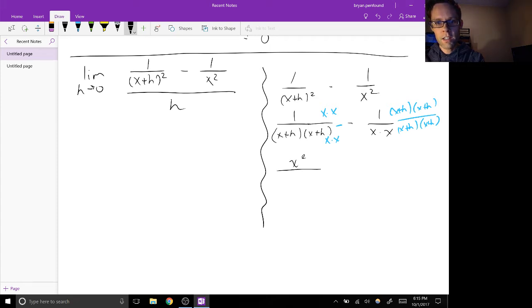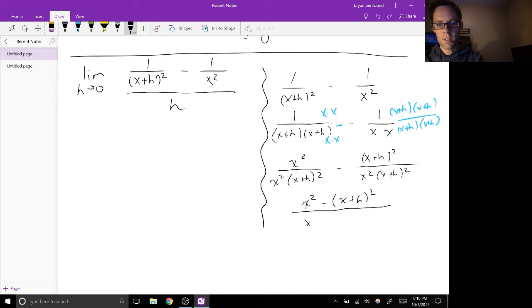So x squared in the numerator and x squared times x plus h squared in the denominator. Our second fraction will look like x plus h squared in the numerator and x squared times x plus h squared in the denominator. So let's combine these two fractions. We'll get x squared minus x plus h squared over some stuff.